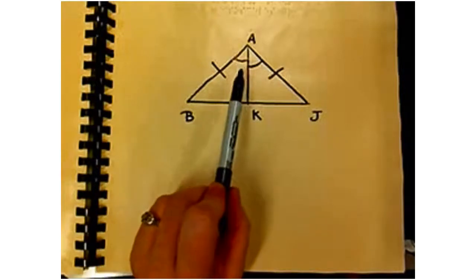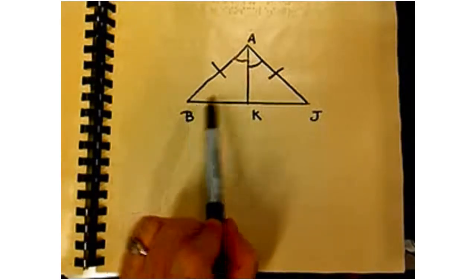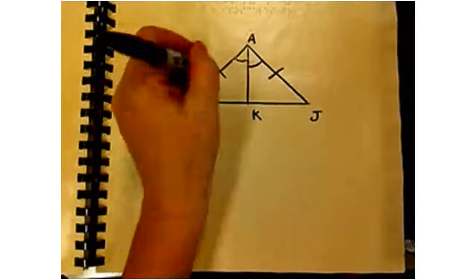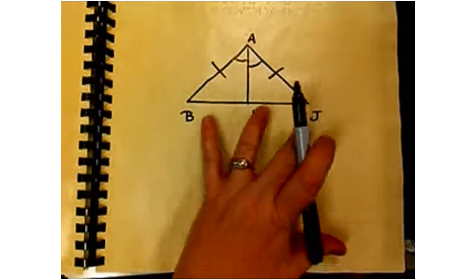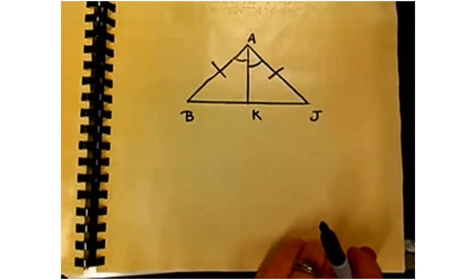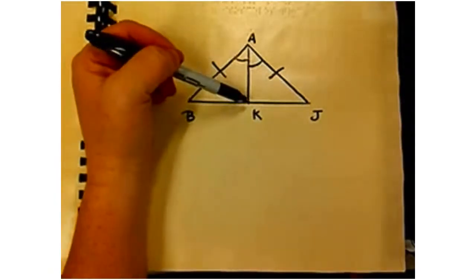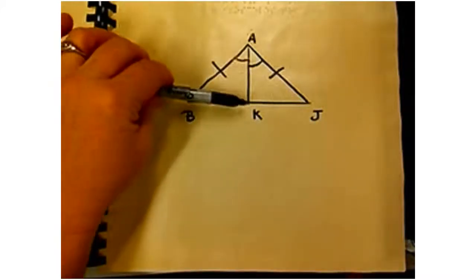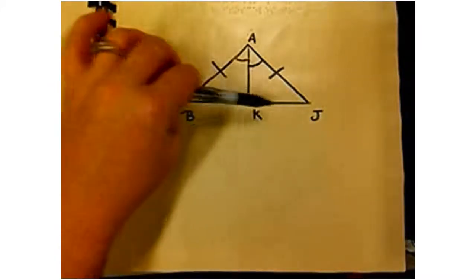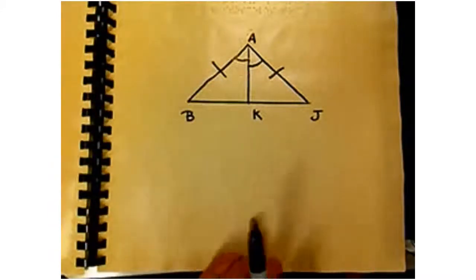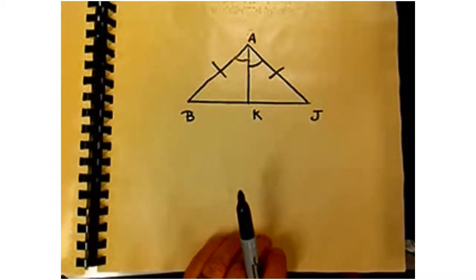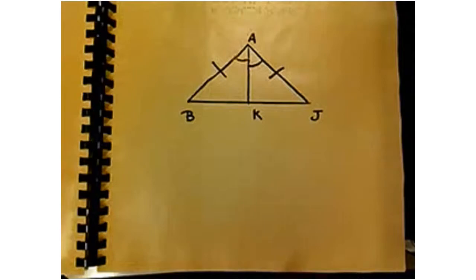Angle B is going to be congruent to angle J. Remember, we learned that the angles opposite our congruent sides will always be congruent in isosceles triangles. And segment AK is going to be perpendicular to side BJ because we know that it's splitting it in half, okay? And then AK bisects BJ, which is what we just said.